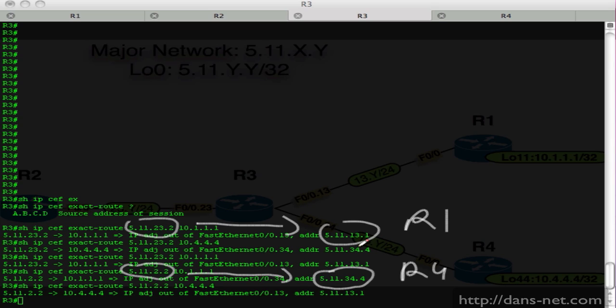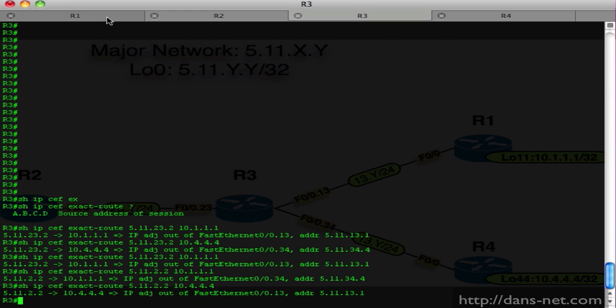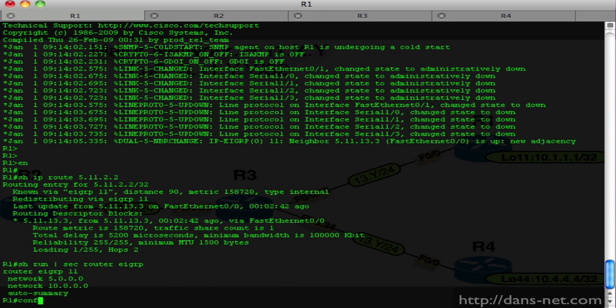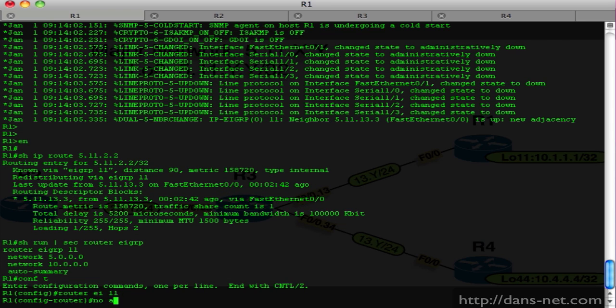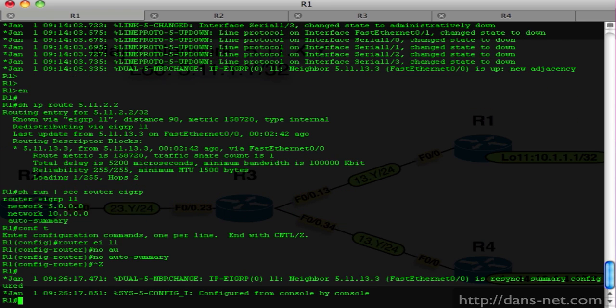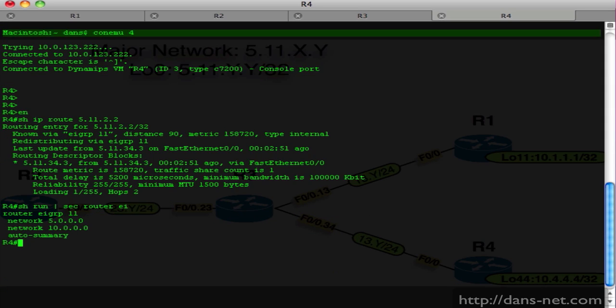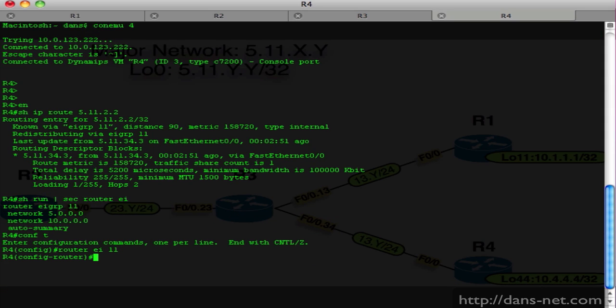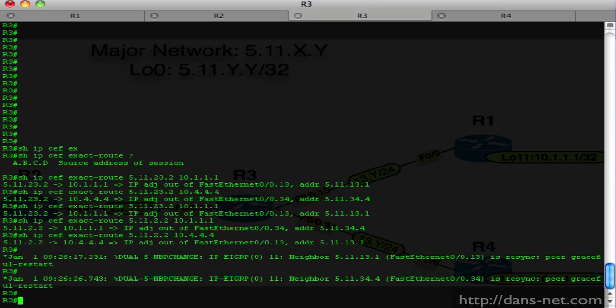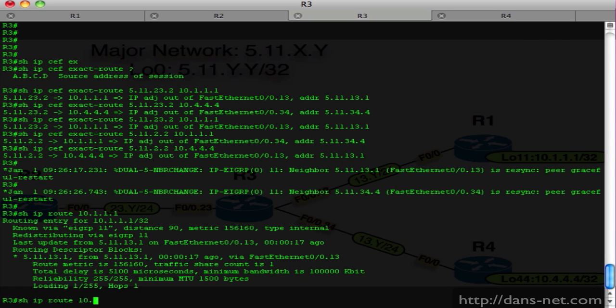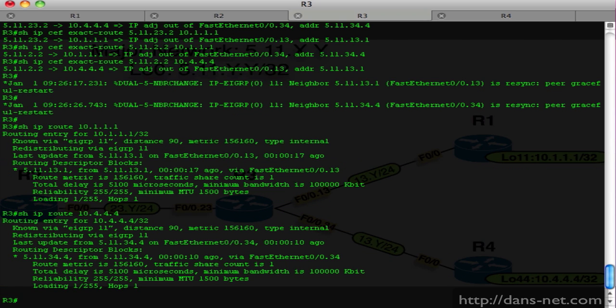Let's fix EIGRP on both R1 and R4 and see the routing table entries on R3. Now everything looks good.